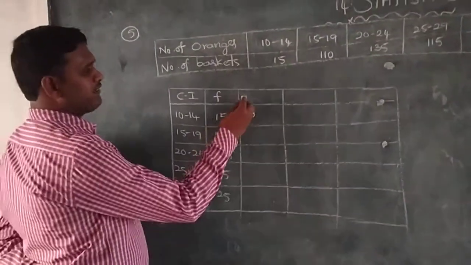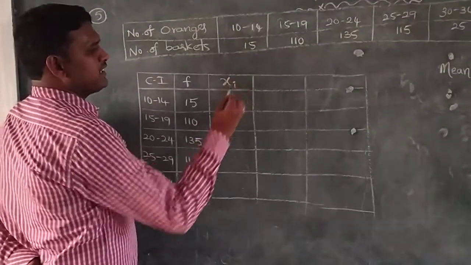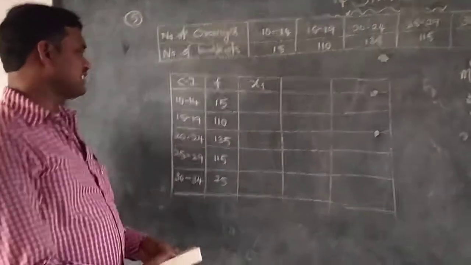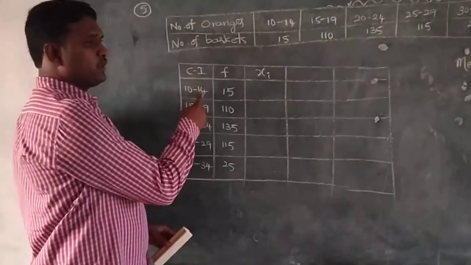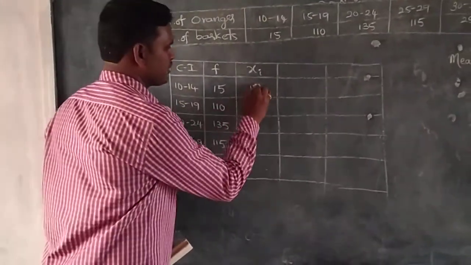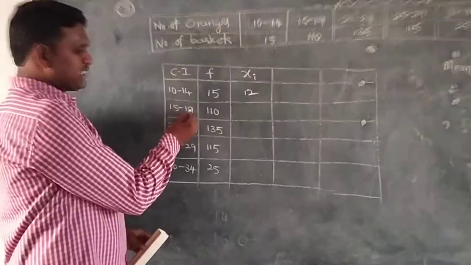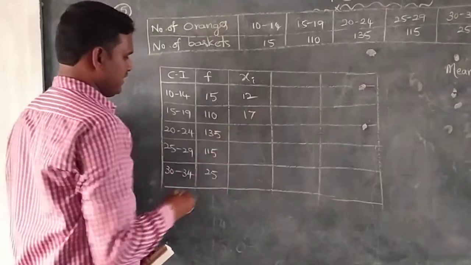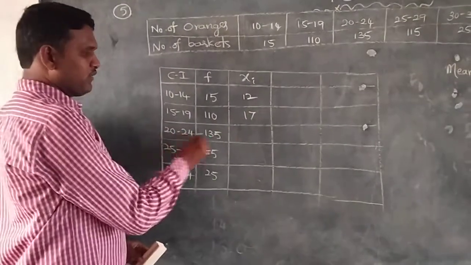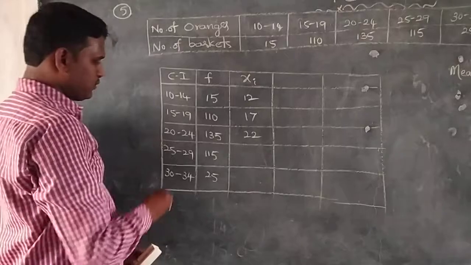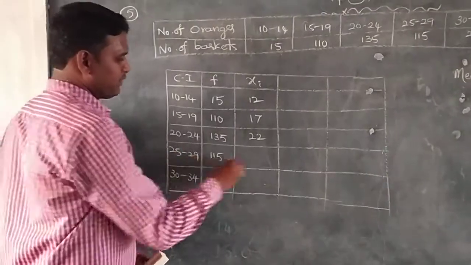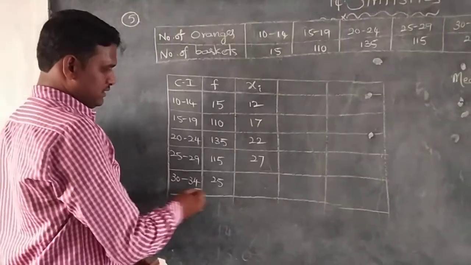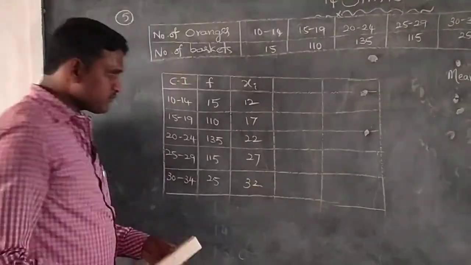To find the mean, first we need to write the class marks. Class mark is nothing but the mid value. That is 10 plus 14 is 24, by 2 is 12. 15 plus 19 is 34, by 2 means 17. 20 plus 24 is 44, half is 22. 25 plus 29 is 54, half is 27. 30 plus 34 is 64, half is 32.